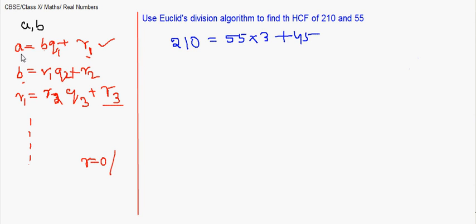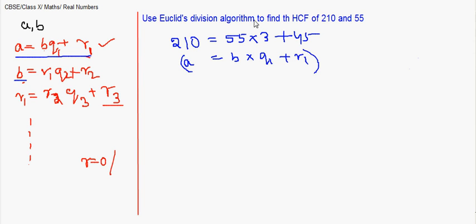If you fit this to the formula I had given, this becomes A, this is your B, this becomes your Q1, and this is now R1. This is only for you to understand in the first explanation; later, when you start taking up questions, you can skip this part.